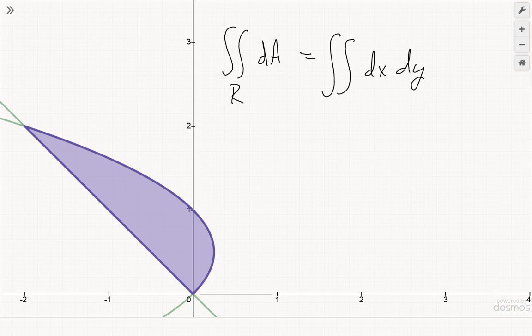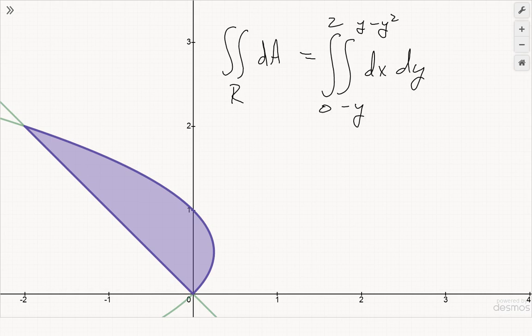From our bounds, we know that y goes from 0 to 2, and then x will be going from negative y to y minus y squared.